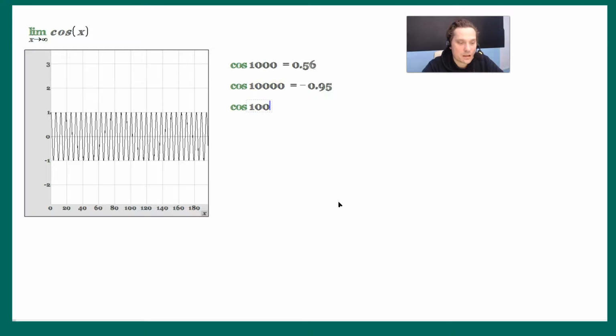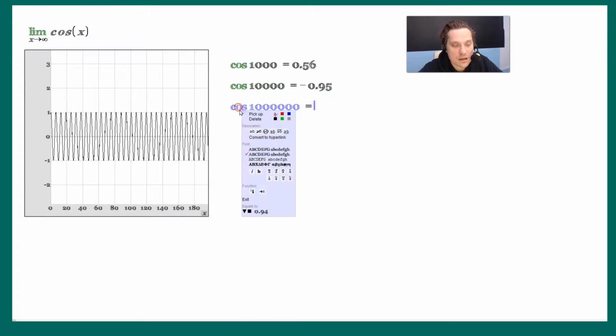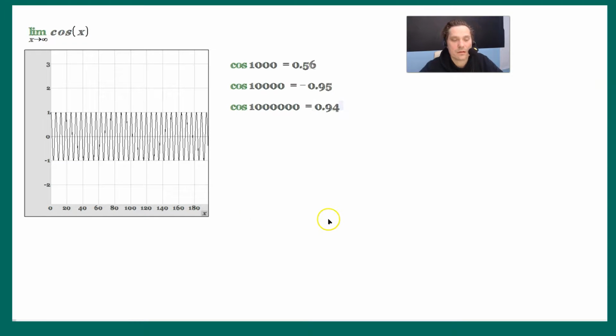Cosine, say, of something much bigger still. Punch that into your calculator. It's back to 0.94. It's not settling down to just one value. In other words, what is this telling us right here? These outputs are suggesting something important we've got to know. These never settle down to one specific value.